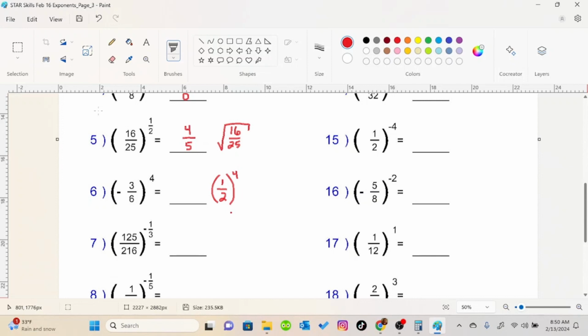And 1/2 to the 4th power, 1 to the 4th power is 1, and 2 to the 4th power is 16. So our answer would be 1 over 16.